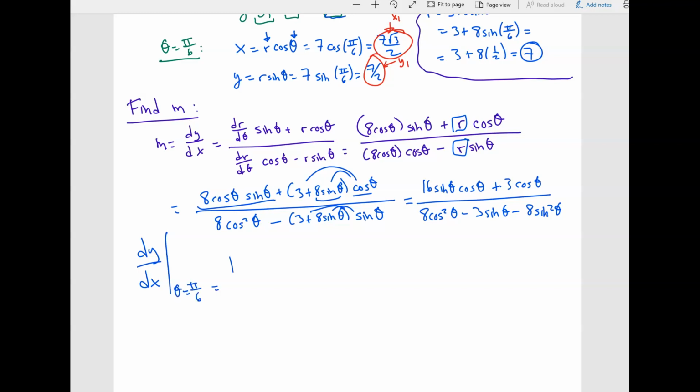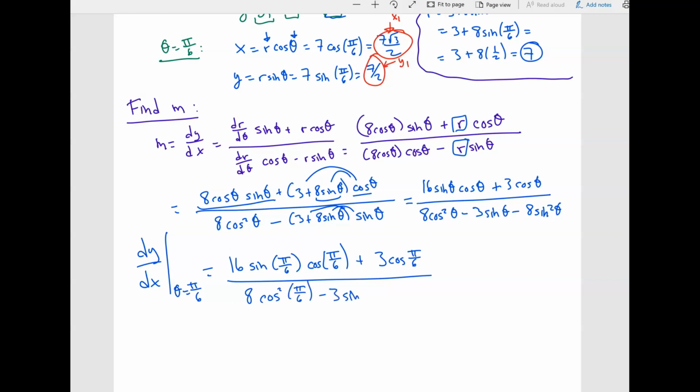You're going to have 16 sine of pi over 6 cosine of pi over 6 plus 3 cosine of pi over 6, divided by 8 cosine squared of pi over 6 minus 3 sine of pi over 6 minus 8 sine squared of pi over 6. You can put this in your calculator, and you get 11 square root of 3 over 5.